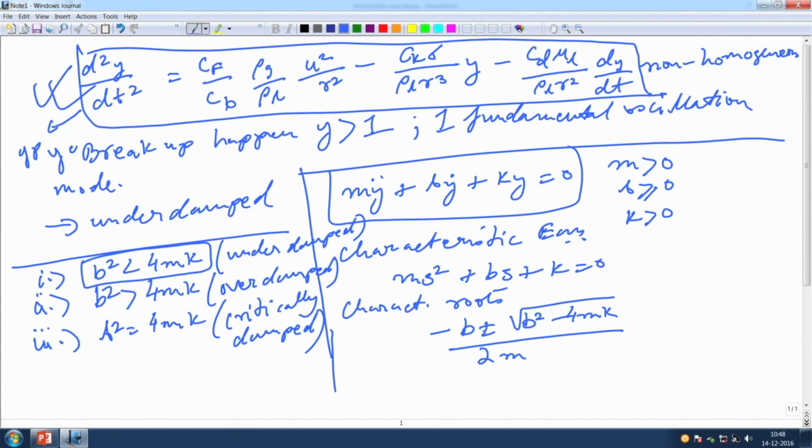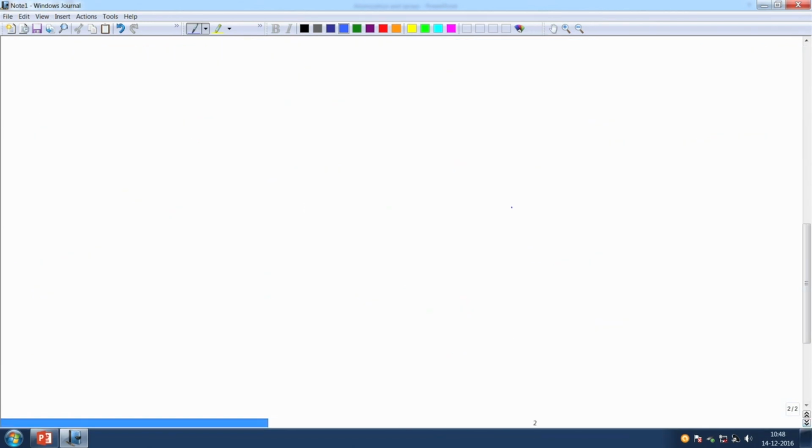The complementary solution will be the same as the free vibration equation, that is, the equation minus the forcing term. If you just remove the forcing away, you will get the complementary solution. That is what you know from your vibrations already. So, the complementary solution is nothing but the same as free oscillation.